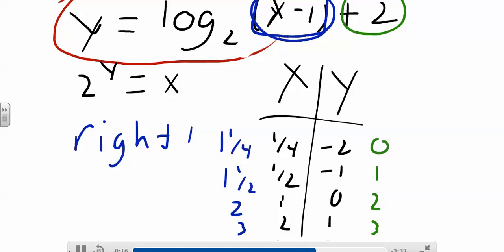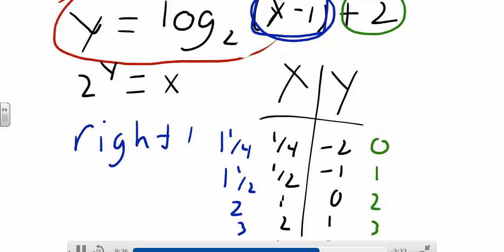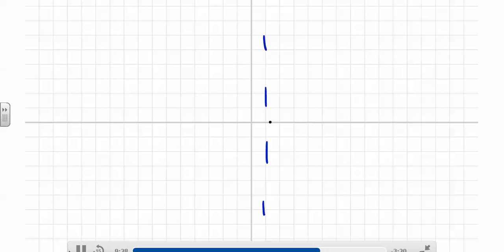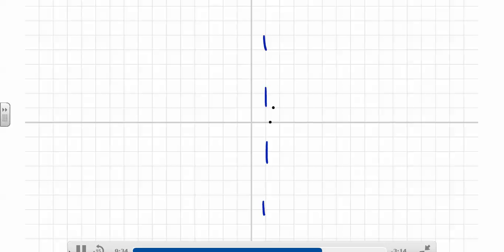And let's plot some points. 1 1/4, 0. 1 1/2, 1. 2, 2. Make sure you're always counting from the origin.